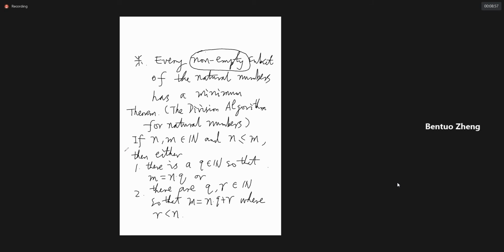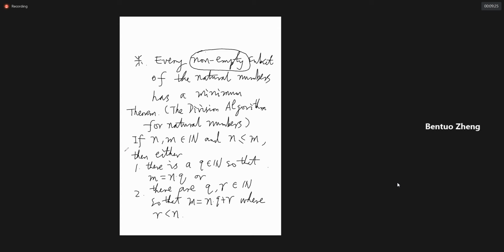Either the smaller one divides the larger one, that is the first case, m equals n times q, or if it doesn't divide, then there is a unique remainder r, which is less than n. So this is the meaning of the division algorithm.